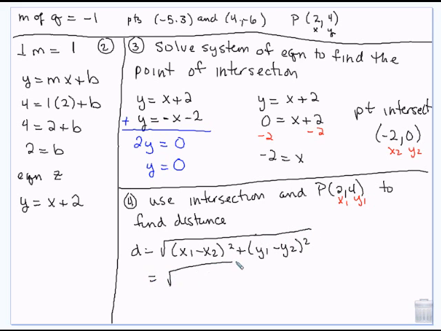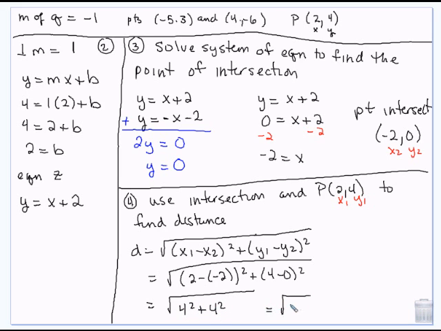I plug everything in, and I get 2 minus negative 2 squared plus 4 minus 0 squared, which gives me 4 squared plus 4 squared, which is 16 plus 16, which is the square root of 32.